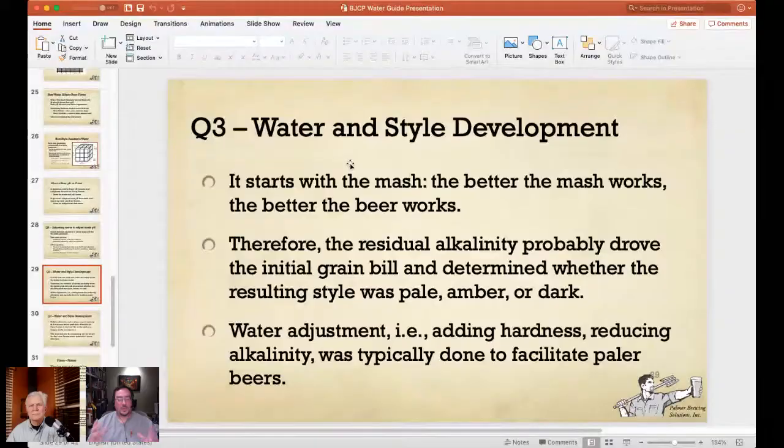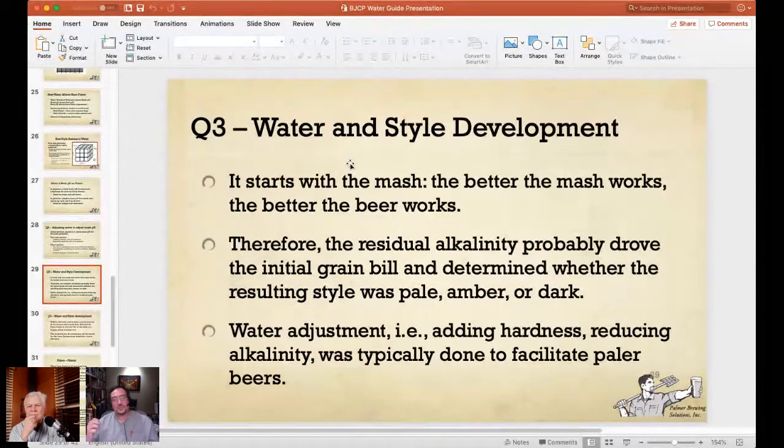They could taste the beer, they could taste the wort, and those tools help them zero in on what worked and what didn't. So keep that concept in mind as you're thinking about how water and grain bill interacted to create a classic beer style. The better the mash worked, the better the beer is going to work.